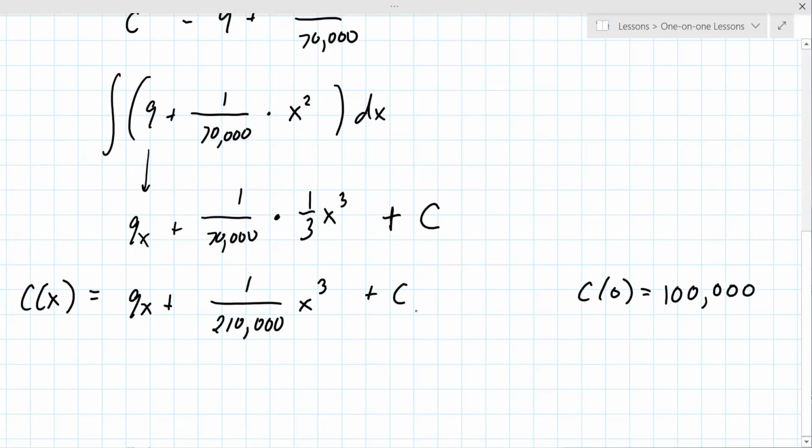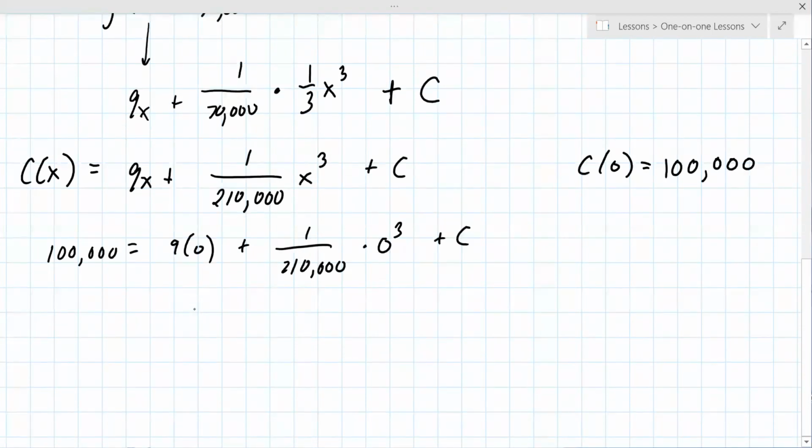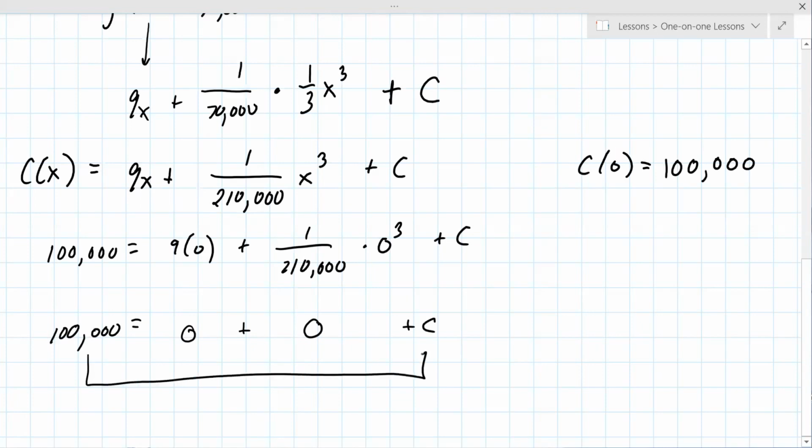The reason it becomes c is because when you put 0 in for x, 9 times 0 plus 1 over 210,000 times 0 cubed plus c, both of these go away. 9 times 0 is 0, and 0 cubed is 0. That's why it becomes c, not because it's the fixed cost, but because it causes these things to cancel.